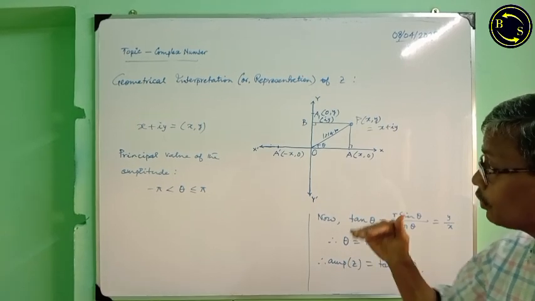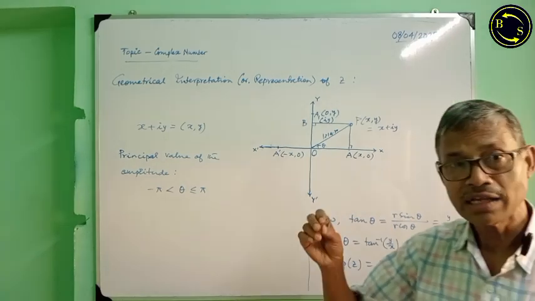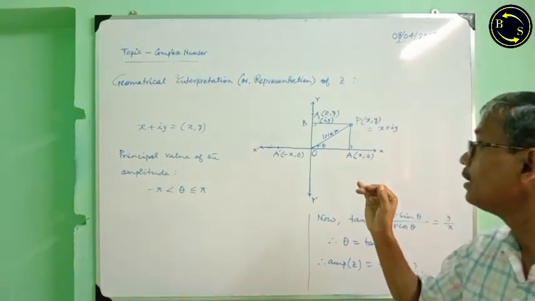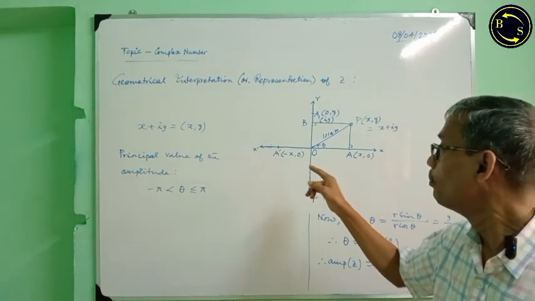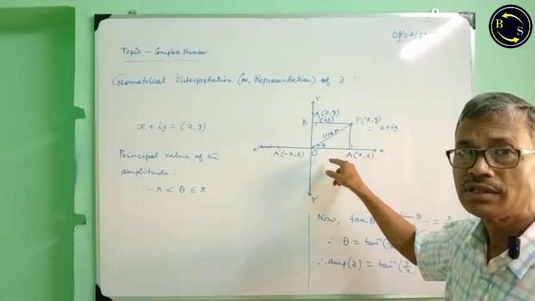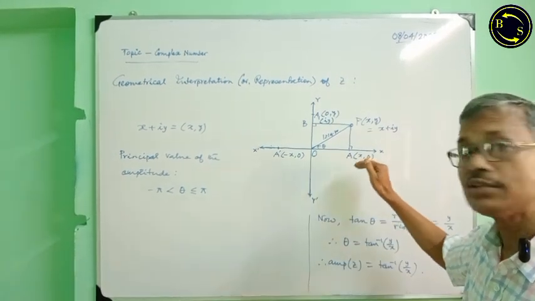If it lies below the x-axis, you express the angle, that is amplitude or argument, within minus pi to 0, excluding minus pi and 0.